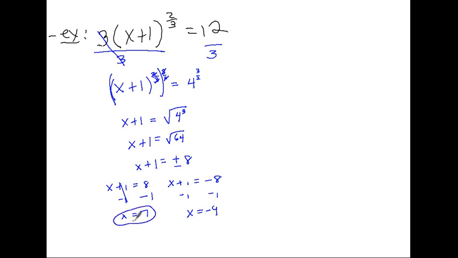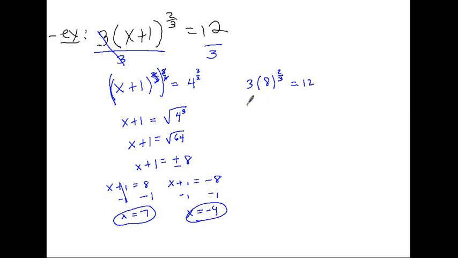Okay. As we plug them back in to make sure that they check out, we get 3 times 7 plus 1, which is 8, to the power of 2/3, is equal to 12. You can simply check this in your calculator if you'd like, or we can check it by hand.